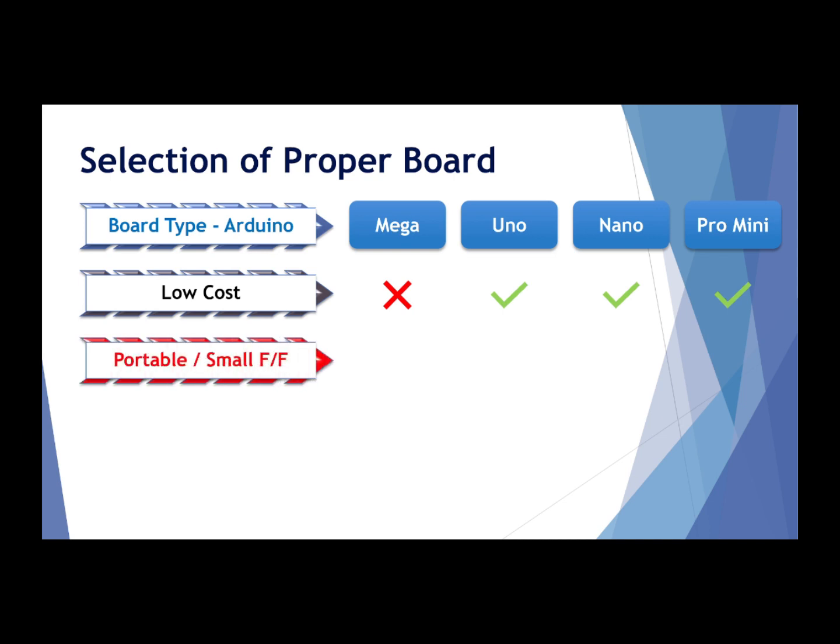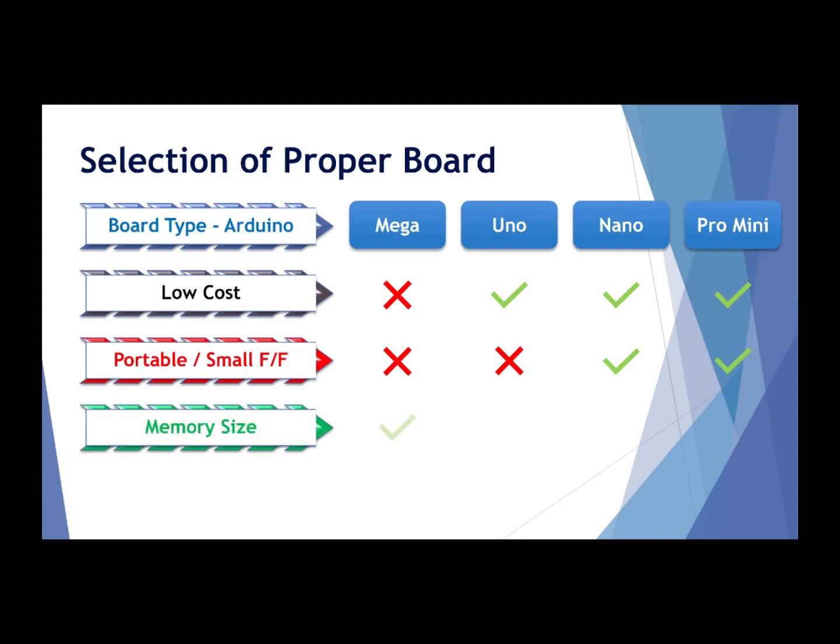And portability was also a big factor for our project, because it's an MP3 player. Anybody can use it by keeping it inside the pocket. So coming to the portability point, Arduino Mega and Uno are both out of the competition, and Nano and Pro Mini sustained.